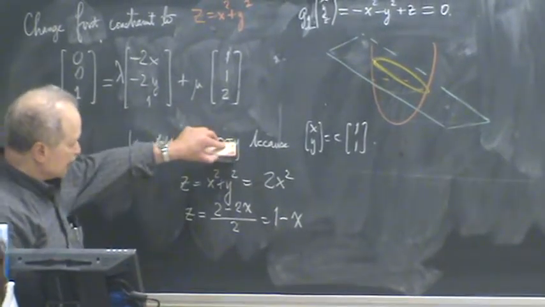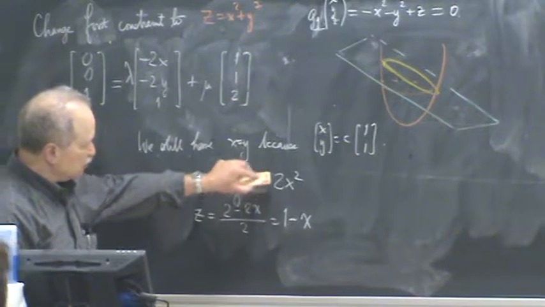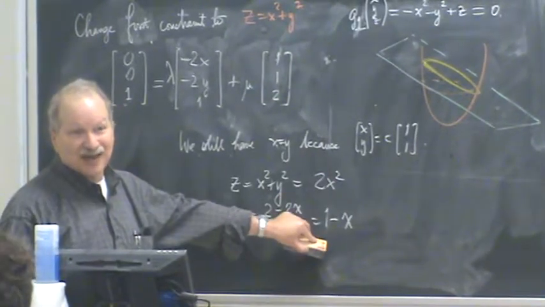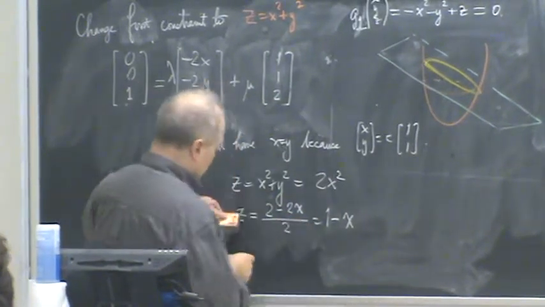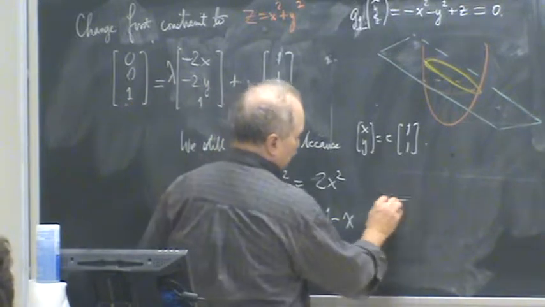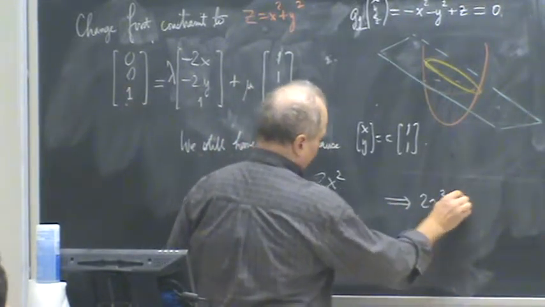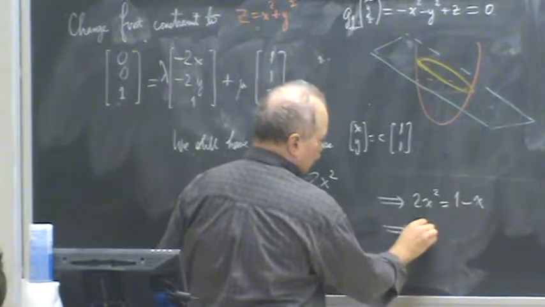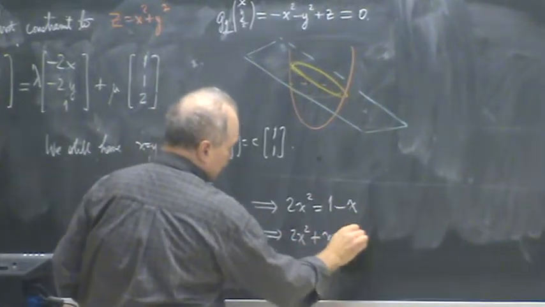So knowing that x equals y means you reduce to solving this equation for x. So the z's are equal, these have to be equal. It's 2x squared plus x minus 1 is 0.